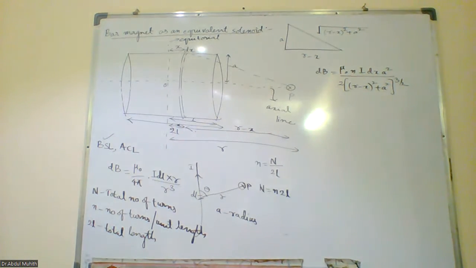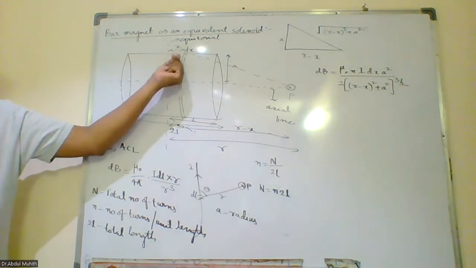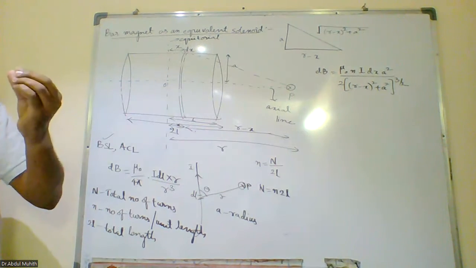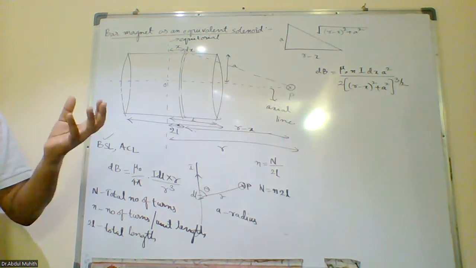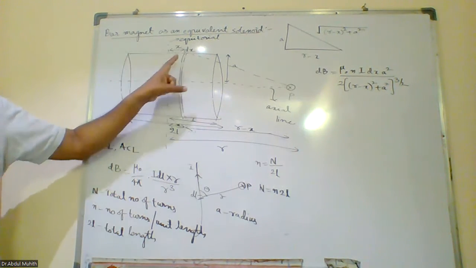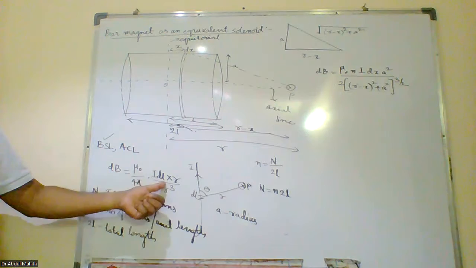One second. Now, what is n here? Small n is the number of turns per unit length. Because I'm not sure how many turns there are in the dx. How many turns are there in dx? I don't have any idea about that. So for that reason, I'm writing small n. Second thing is, what is I dx? I dx is the current element. The same thing we wrote here, I dl.